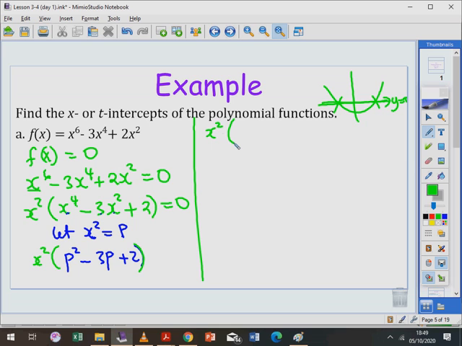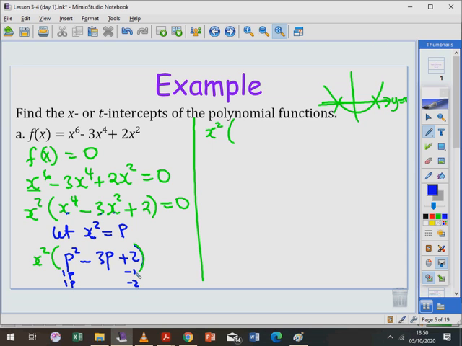So I'm still left with x squared on the outside, but on the inside I have a quadratic expression in which the factors here are 1p and 1p, and the factors here are just 1 and 2. So I can see that if I multiply 1 times 2, I get positive 2. But if I add 1 plus 2, I do not get negative 3. In order to get negative 3, these have to both be negative.